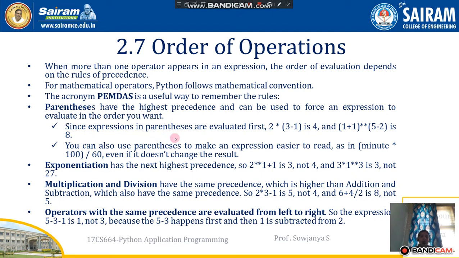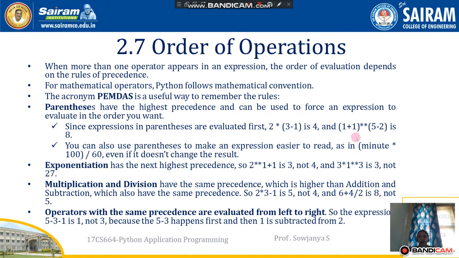The first one is parentheses. Parentheses always have the highest precedence and can be used to force an expression to evaluate in the order you want. Since expressions in parentheses are evaluated first, look at this example: 2 times, within the parentheses, 3 minus 1. The first operation performed is 3 minus 1, which is 2. So 2 times 2 is 4. This is the output.